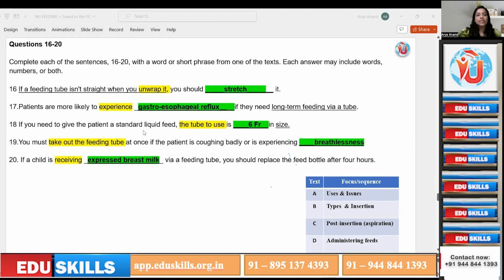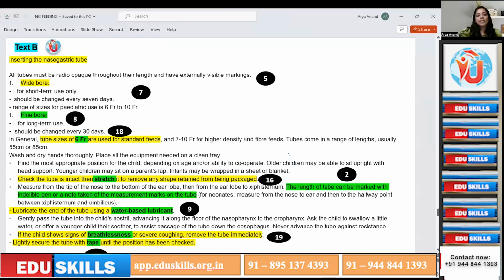So if you want to give a patient a standard liquid feed, which size tube will you use? That is the question. For standard feeds, what is the size? Yes, it is 6 French, right?